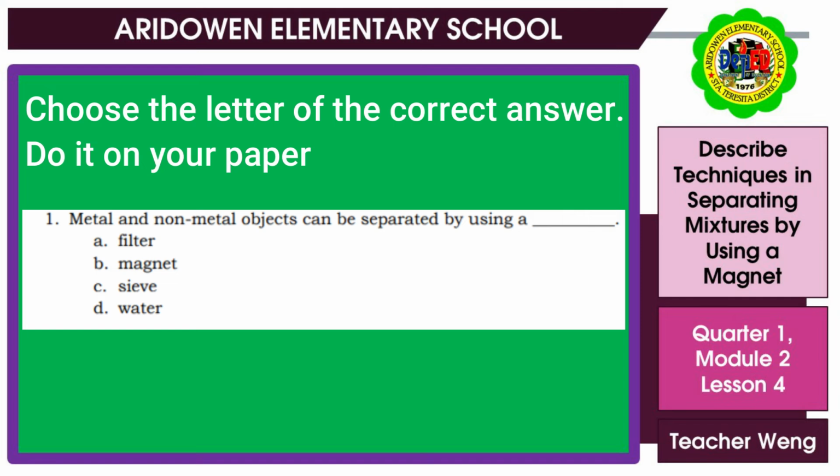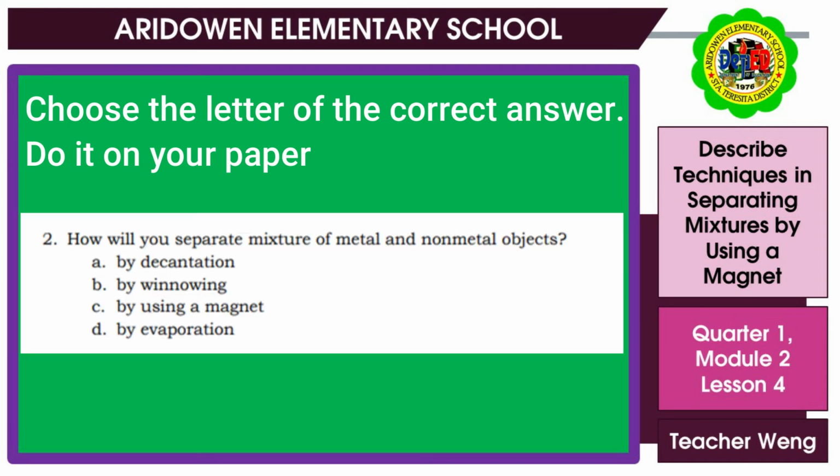The correct answer is letter B, magnet. Number 2. How will you separate mixture of metal and non-metal objects? The correct answer is letter C, by using a magnet.